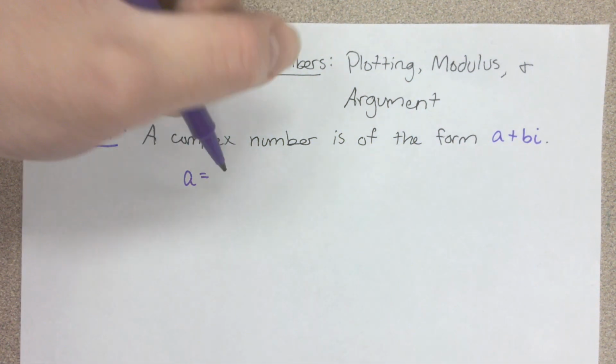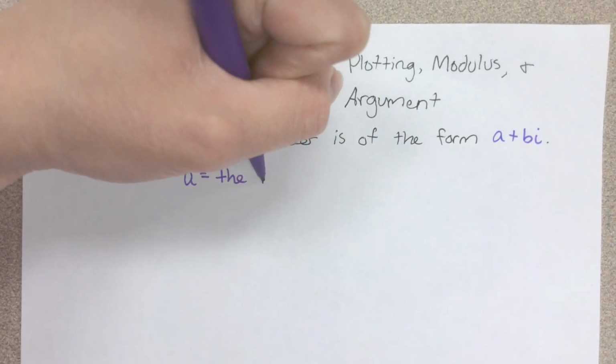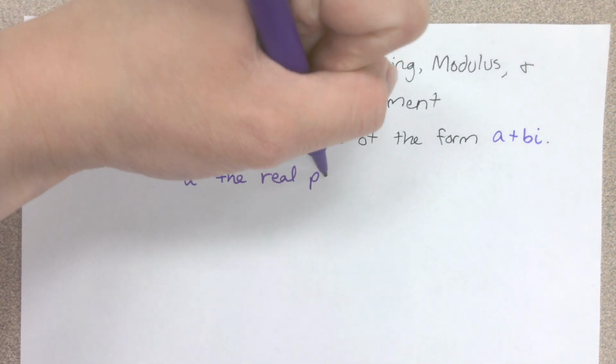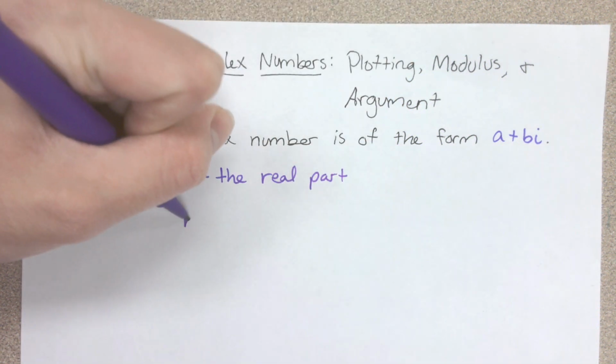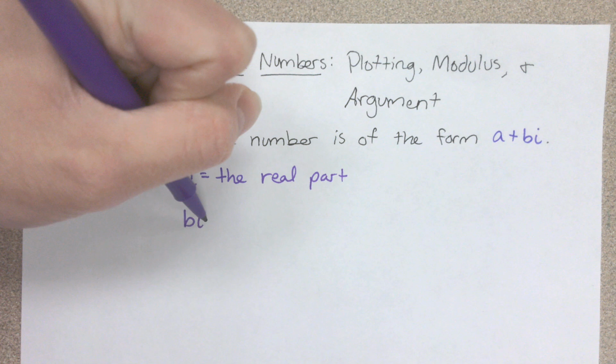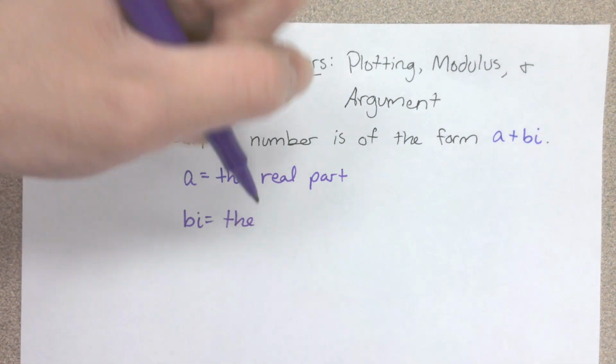And remember that a is the real part, and bi is the imaginary part.